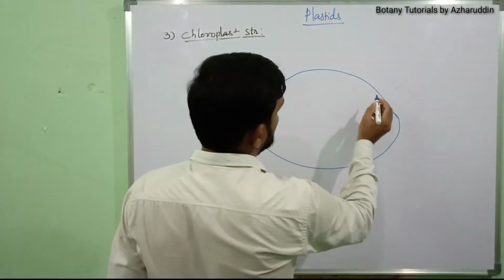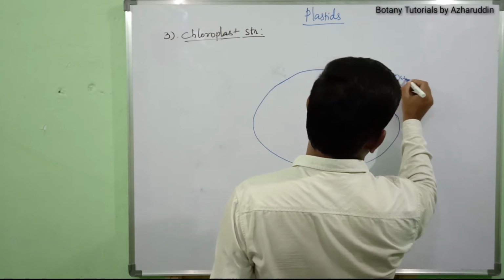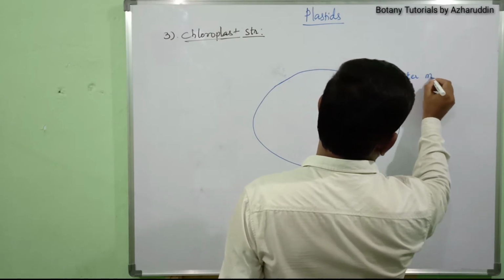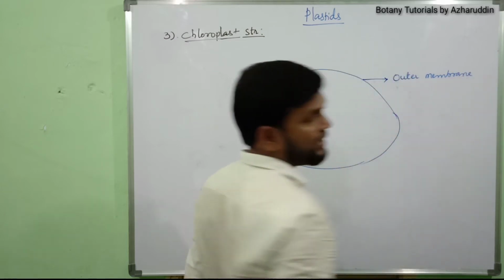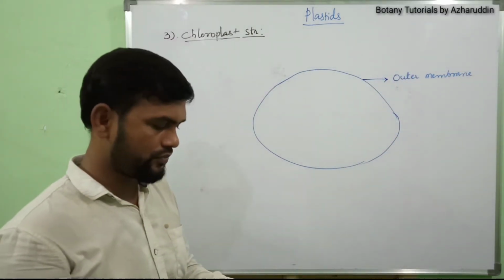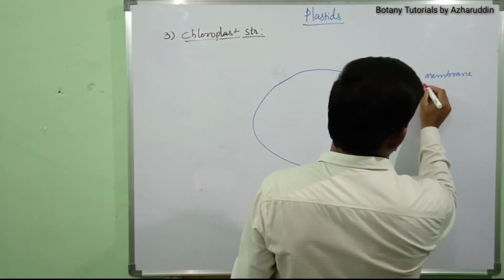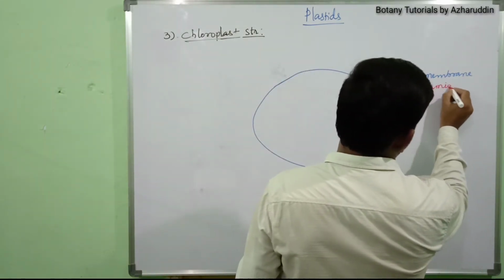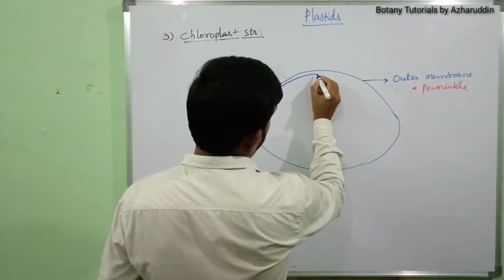The outer membrane is smooth walled. This outer membrane is permeable.